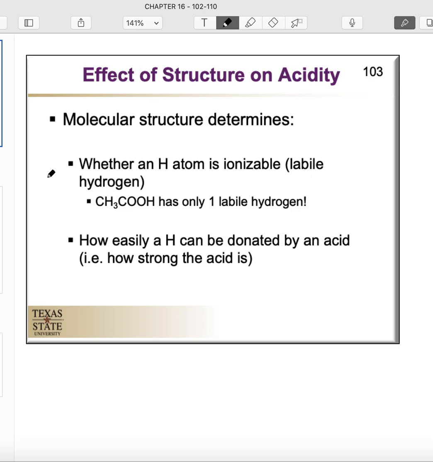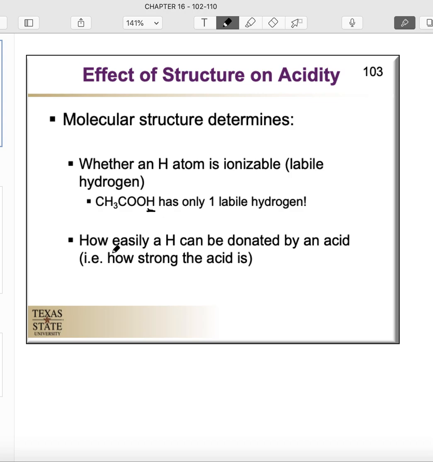So for example, acetic acid, even though it has a total of 4 hydrogens, only one of them, the one on that carboxylic acid, has the potential to be donated. That's only one labile hydrogen, okay? So the structure is what determines whether that hydrogen is ionizable or not.